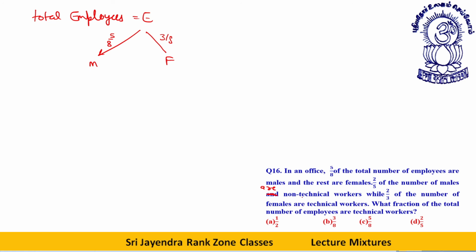2/5 of the males are non-technical. So technical will be how much? 3/5. So what will happen? 3/5 into 5/8 E employees plus, let's talk about females. 2/3 of the number of females are technical workers. 2/3 of the 3/8 of the female employees are technical workers.